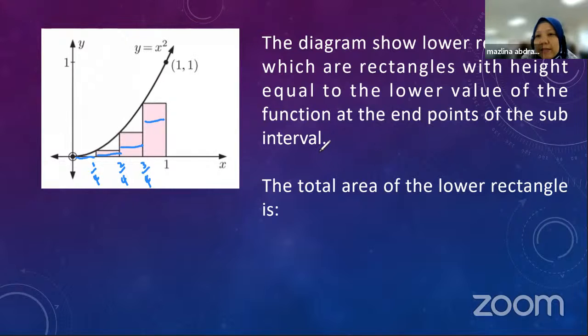So what does that mean? The rectangles take the lower value of the function, at the endpoints of the sub-intervals, from here until here. Now, the total area of the lower rectangles. Why do we call it lower rectangles?